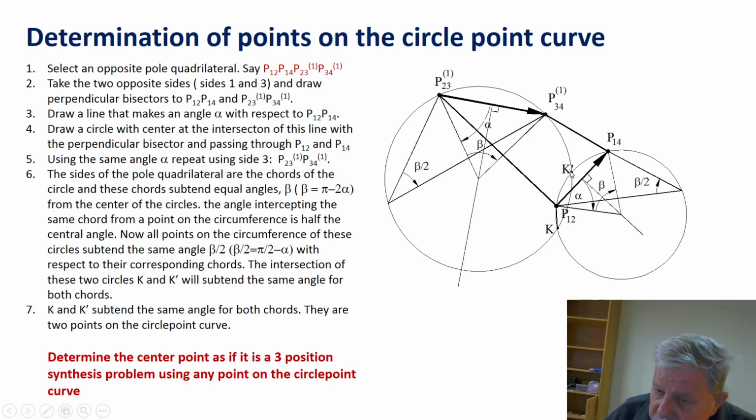Also K prime will have the same characteristics, meaning these 2 points, since they subtend equal angles for the opposite sides of the opposite pole quadrilateral, have to be on the circle point curve.